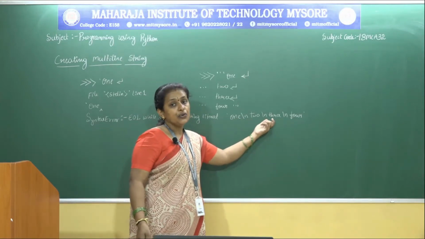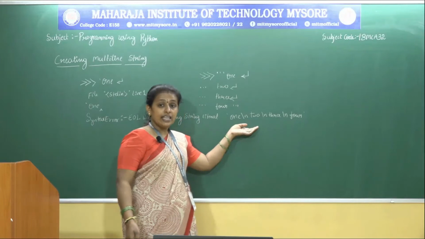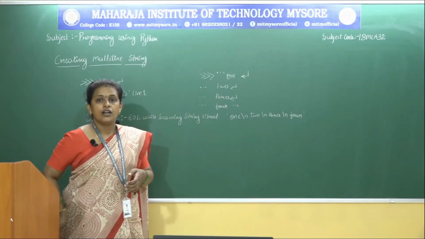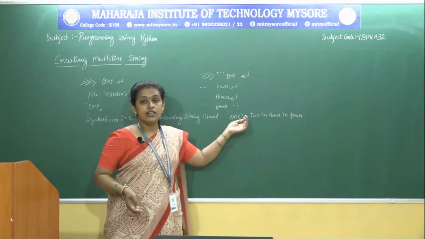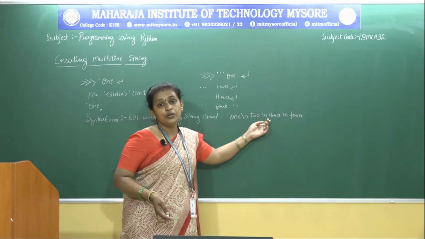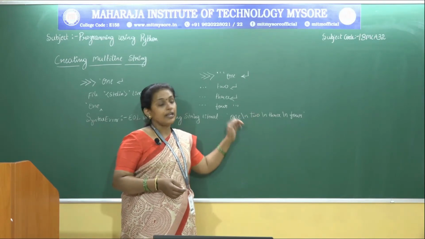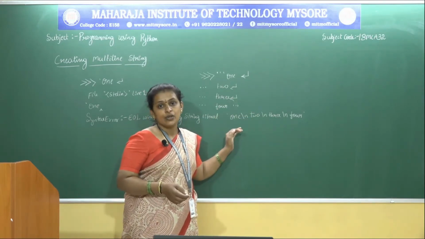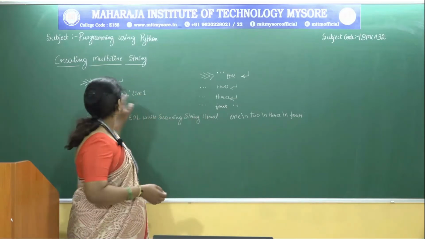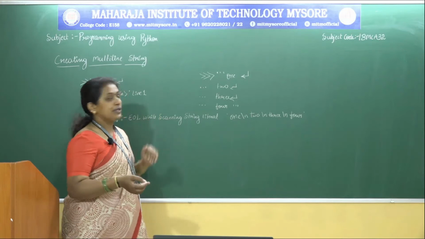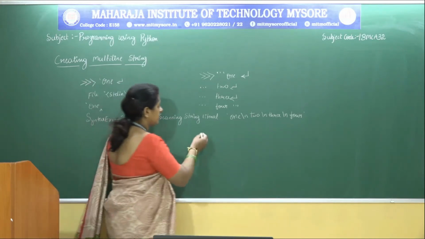This is the escape sequence in strings. The backslash n is not going to print its value, but it will be displayed when you execute like this. So this is the multi-line string. Let me give the example with double quotes.